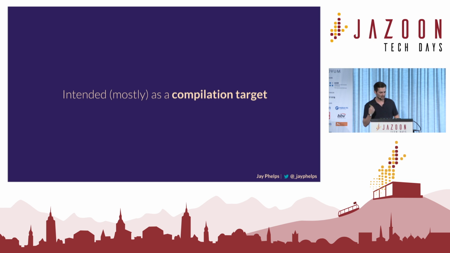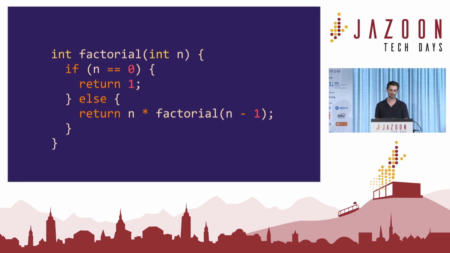Because us human beings don't usually read binary, WebAssembly is intended as a compilation target. So you will write in some other programming language like C, C++, Rust, and possibly some other ones that I'll talk about. Then you compile that ahead of time to WebAssembly, and then you ship those WebAssembly files to your browser.